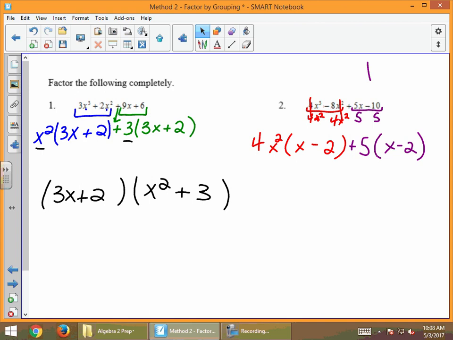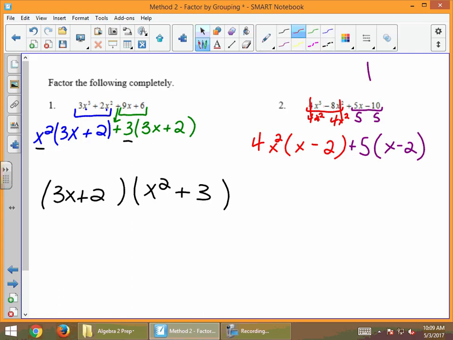X times what gives you 5x? 5. There's your GCF. It always works. 3 times what gives you 9? Found it. So how do I turn this into that? I multiply by 5. 5 times x is 5x. 5 times 2 is 10. Found it. There's my GCF.